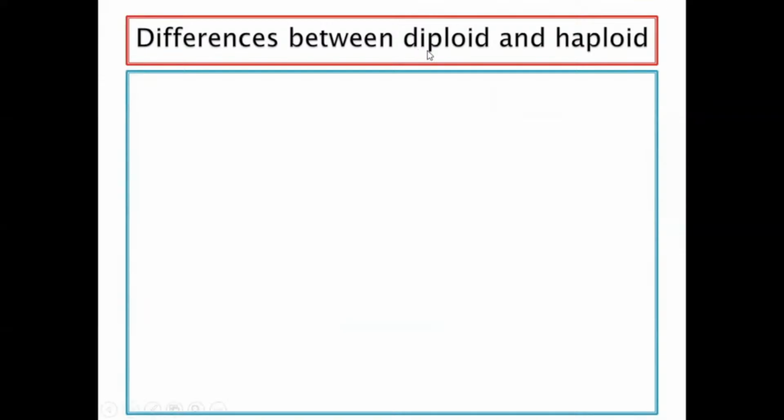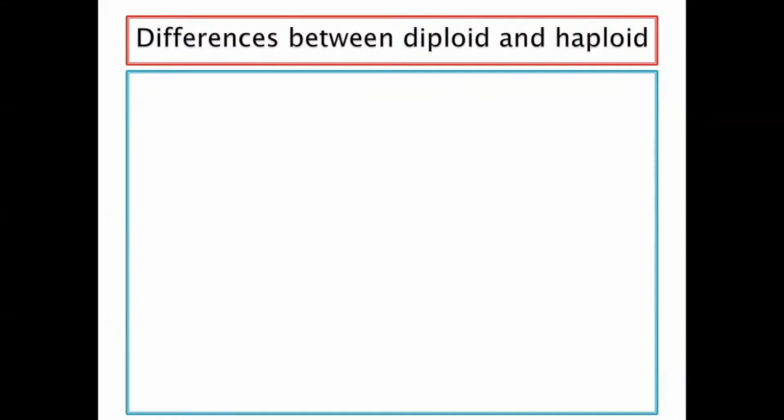Di means two. Ploid means you are describing a body. Haploid is derived from the word half, half the chromosome number. If a human being is supposed to have 46 chromosomes, then when the structure is haploid, it has half the chromosome number of that organism.